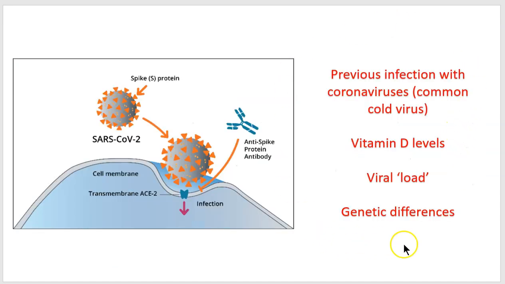So here we see a list of some possible reasons why people might be exposed to the virus but then not get sick. Interestingly, some recent evidence suggests that previous infection with other kinds of coronaviruses, for example, the common cold, which is often caused by a coronavirus, may be related to how well your body responds to the current coronavirus.